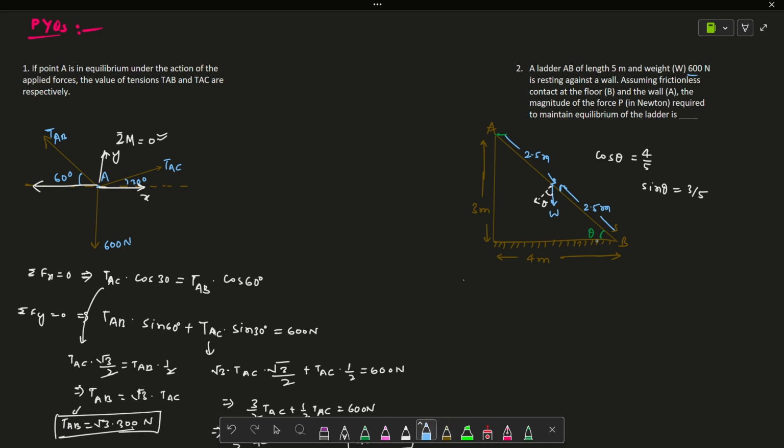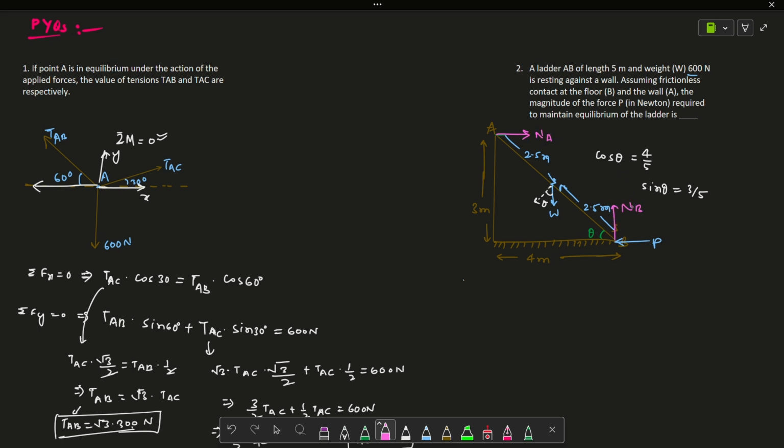And in the question, the P force is acting at this point. So the normal reaction would act on the wall, and it would act like NA here. Sorry, the direction I have mentioned is wrong. So this one is NA and this one is NB.